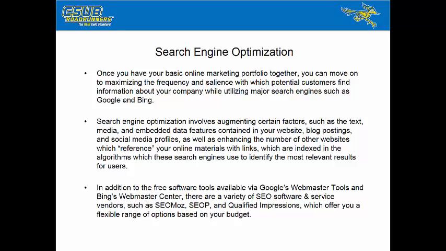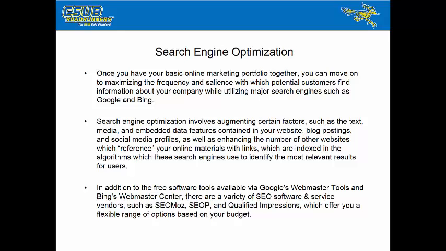It basically involves augmenting things like text, media, embedded data features that are in the code but are not in the site that you see. Repeating certain words, how many times other websites point to your website. So basically how many other websites out there refer to your website. All of those things help you to appear higher in Google search results.